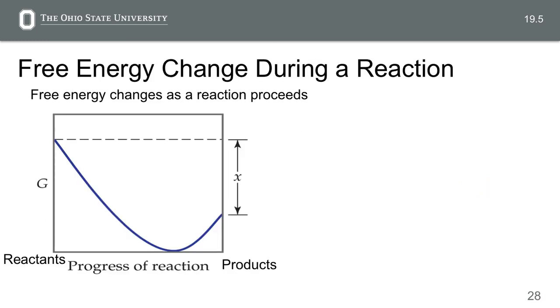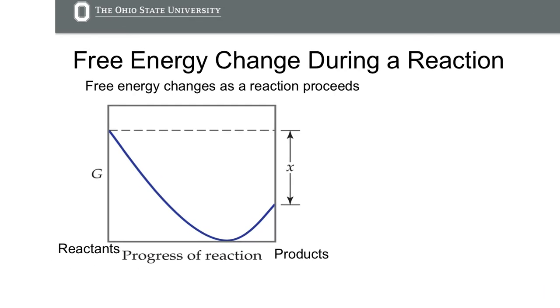So let's take a look now at what Braden was asking about, how Gibbs free energy changes during a reaction. On our y-axis here, we're going to have Gibbs free energy. We're going to have the progress of the reaction on the x-axis, with reactants on the left and products on the right.